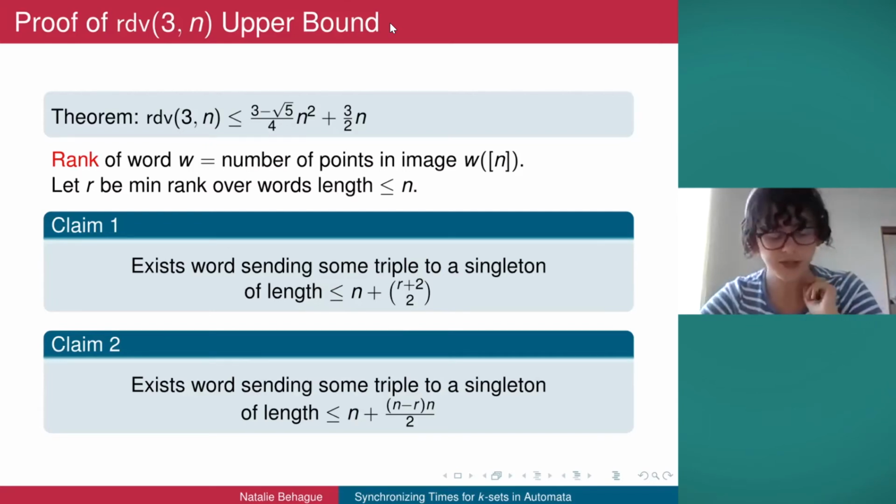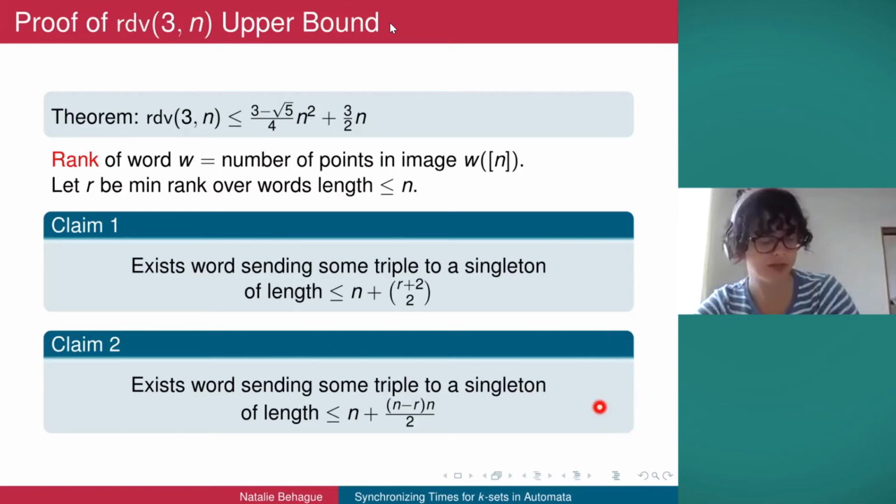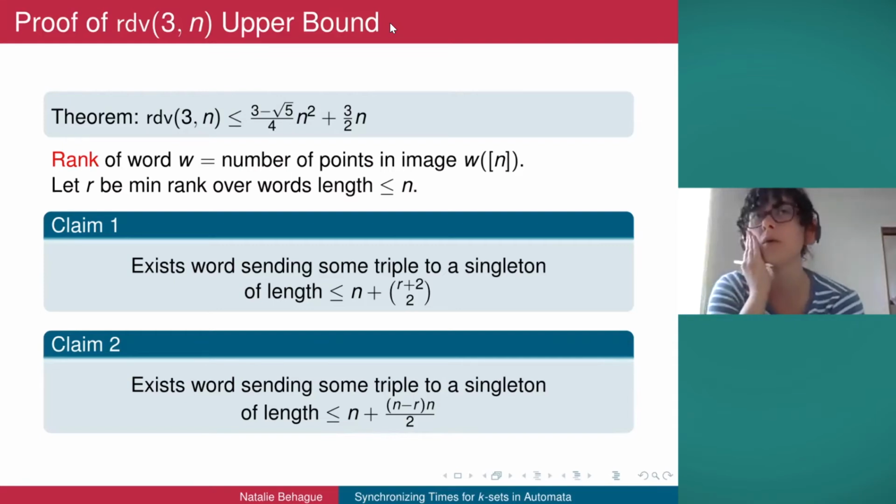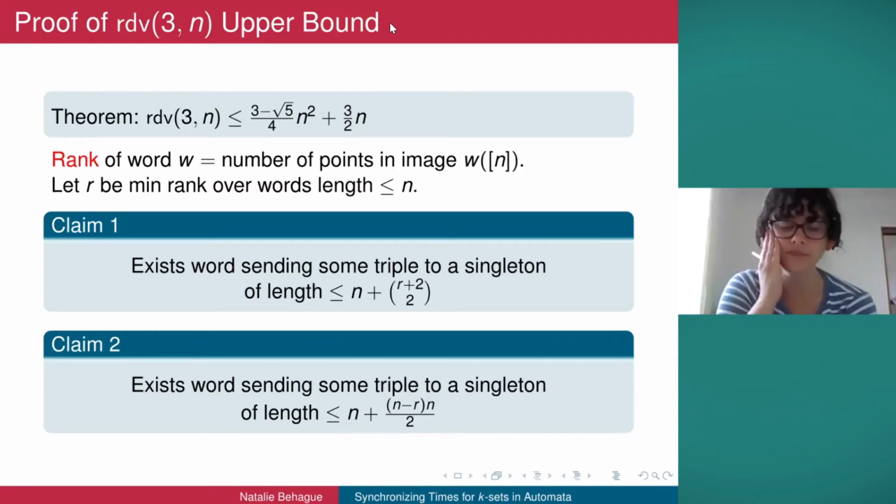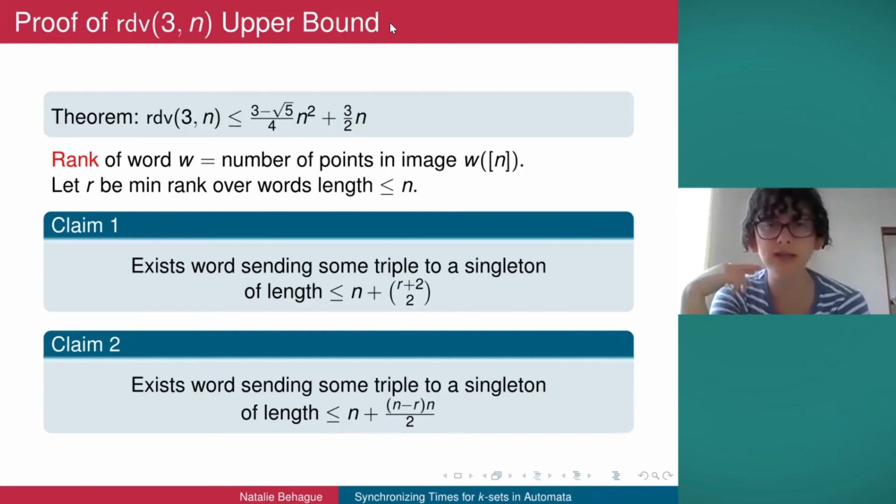I think perhaps claim 2 is the more surprising one. Claim 2 is saying if R is big, then we can also find a word that sends a triple to a singleton in not too many steps. The way that this second claim is proved is to think, R is big, that means all of my words of length at most n have quite a lot of points in their image.